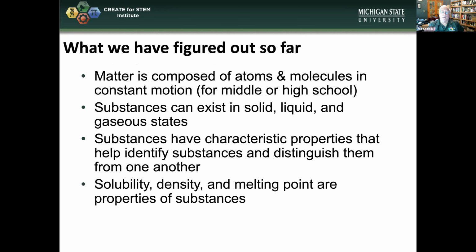So I'm assuming we're all science teachers, and so we are coming to this situation with some prior science ideas, either from earlier in the year or from a previous year, right? So we know at this point that matter is composed of atoms and molecules that are in constant motion.